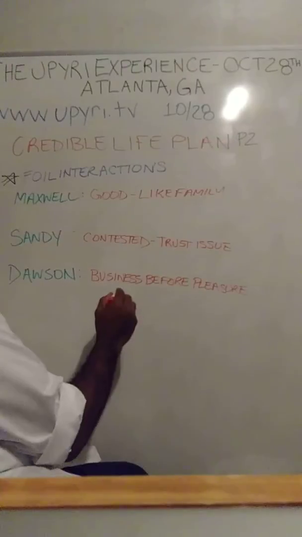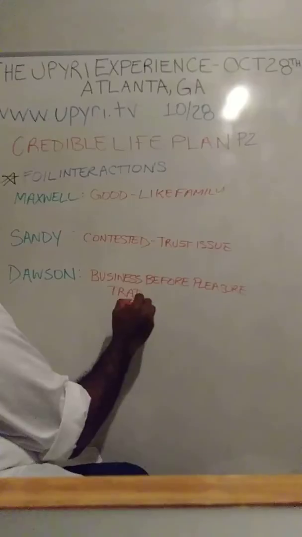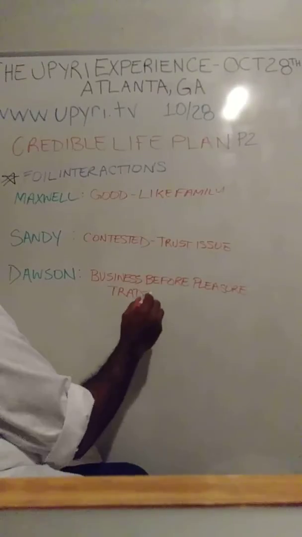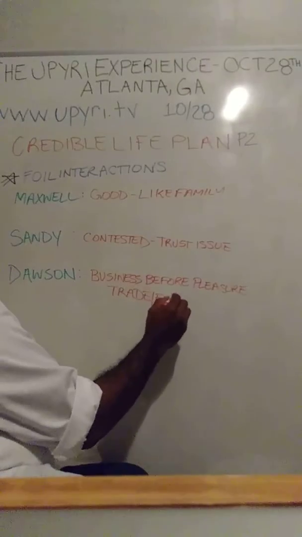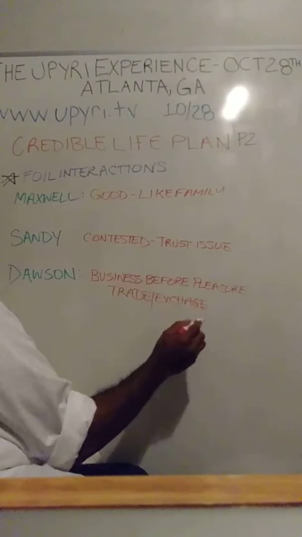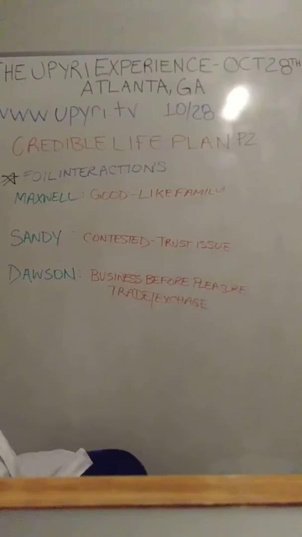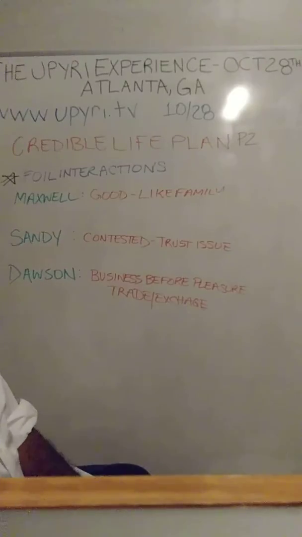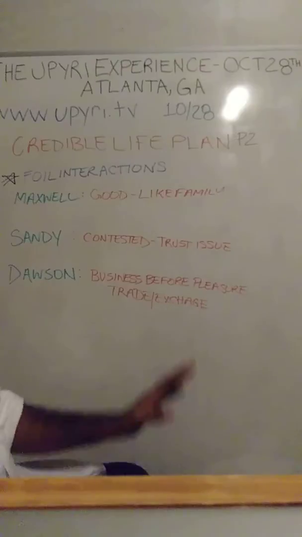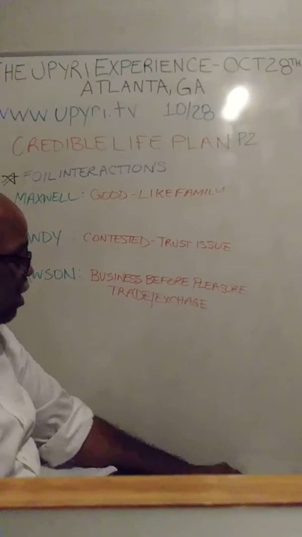So it's a trade, and trade is the right word for it. Trade exchange. I like you, but I don't do favors. So that's a breakdown of the foil interactions, so you're clear about that stuff before you even get started.